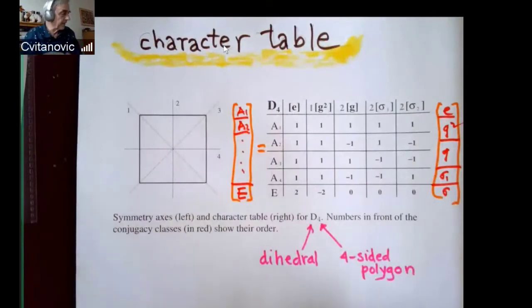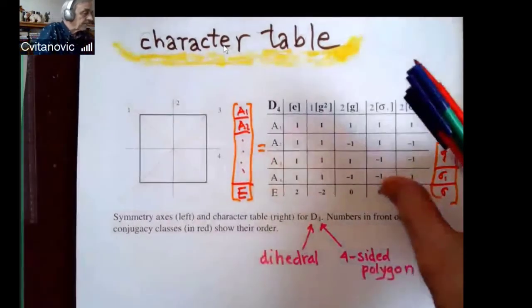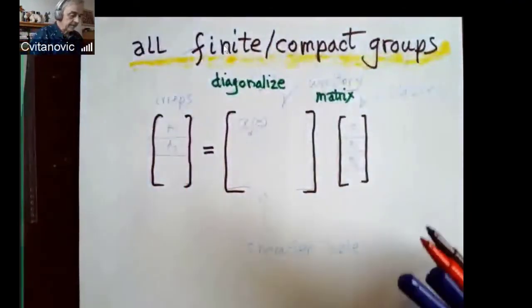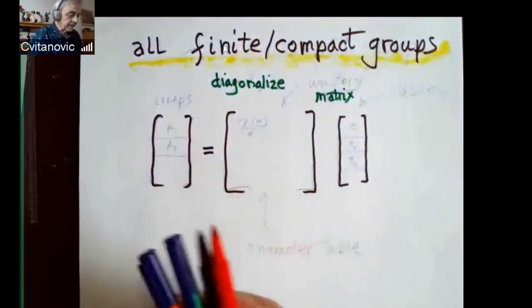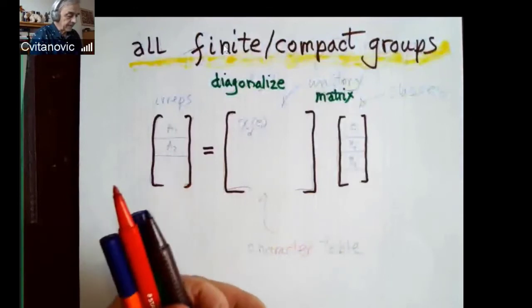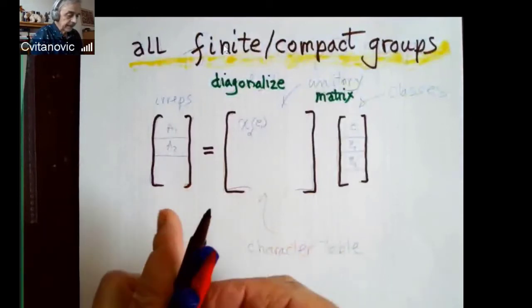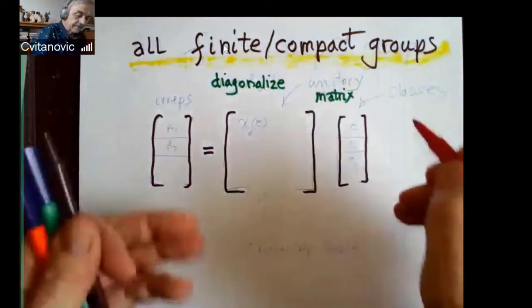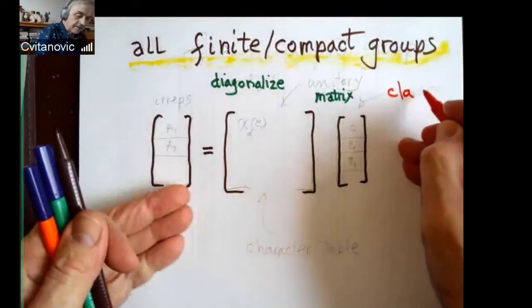And then it works for all rotations in which parameters can be compactified, like rotations on a sphere or something. That's called compact groups. So to summarize, what I find amazing about all this is, from what we have learned so far, we have classes. So it's all about class.